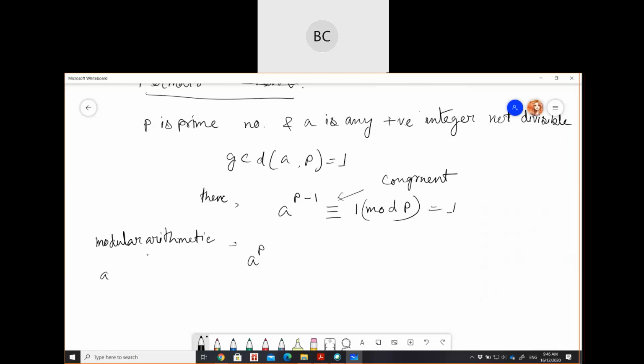If I say A mod P, what should be the answer here? Is it the dividend or the remainder?